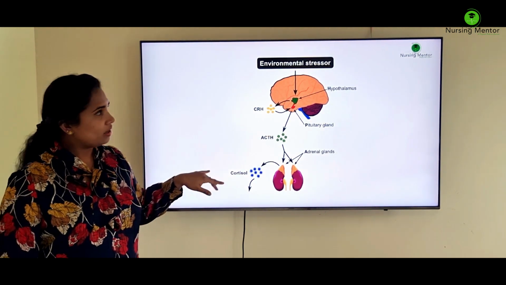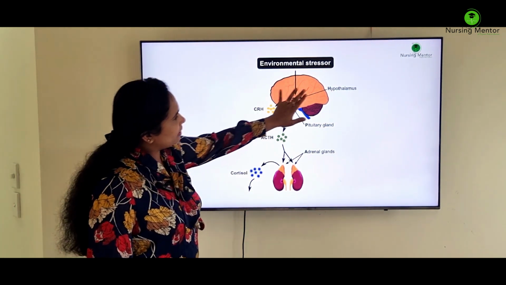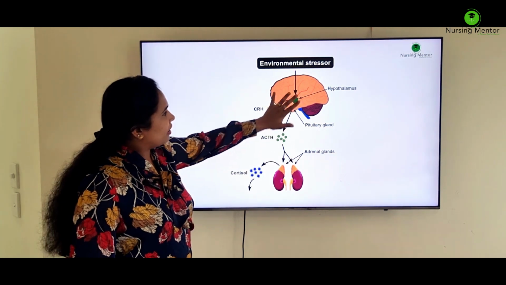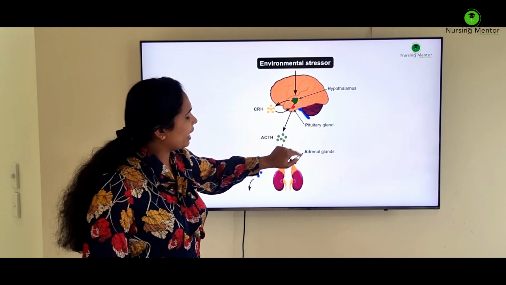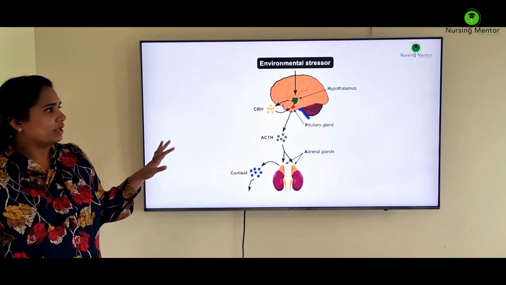So in the body, the steroid level is controlled by the hypothalamus, pituitary, and adrenal glands. And it's called the HPA axis that controls the steroid levels in the body.